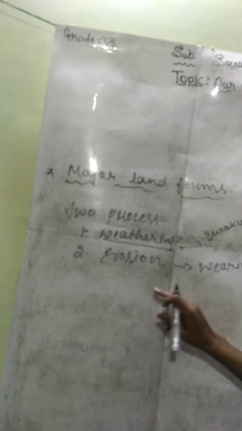Here, students, there are two processes: the first is weathering and the second is erosion. Erosion carries away the eroded materials and deposits them, and this deposition creates different landforms on the earth's surface.